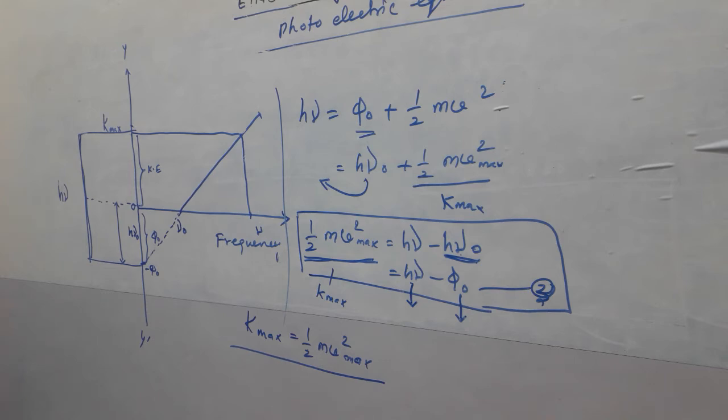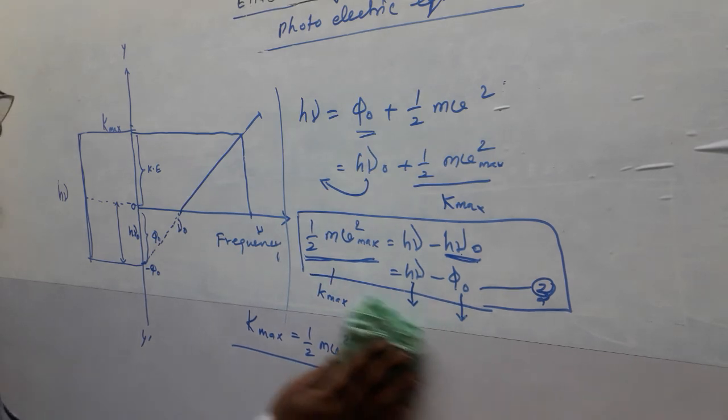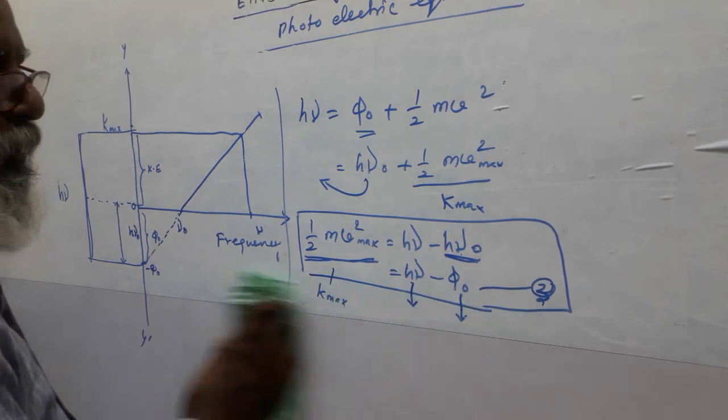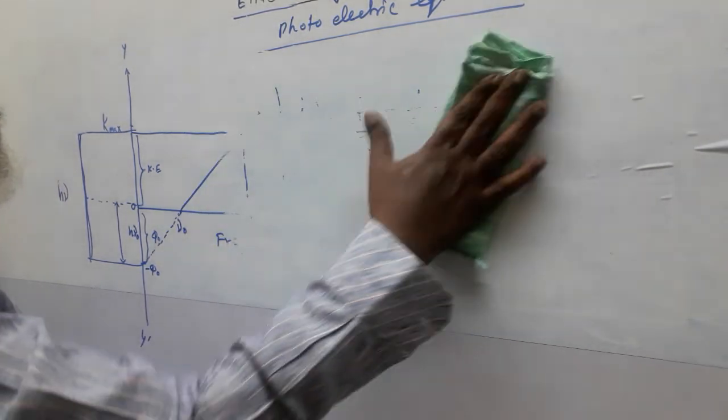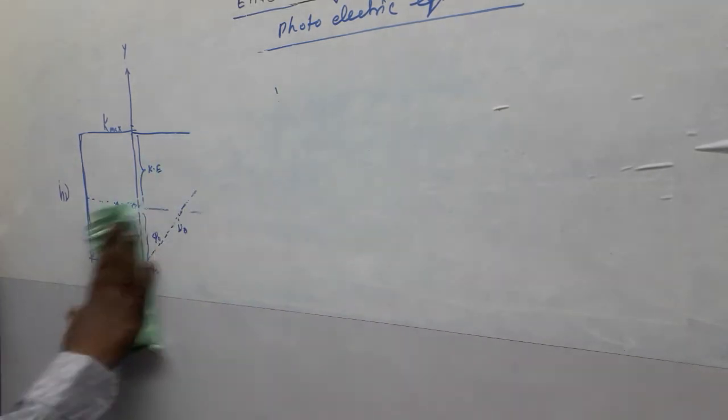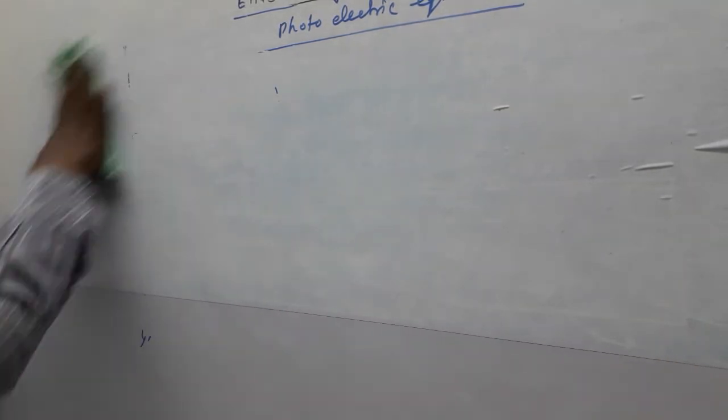Now, after Einstein, R.A. Millikan, another scientist. I hope you understand the concept clearly. That was Einstein's explanation of the photoelectric equation.